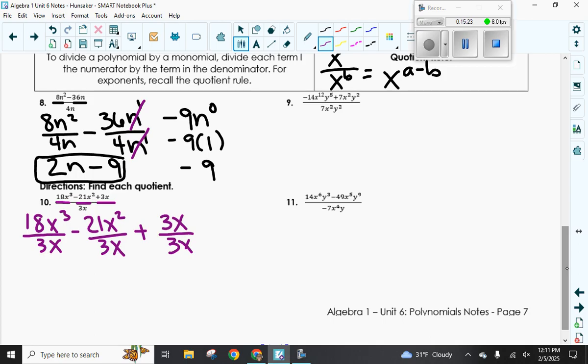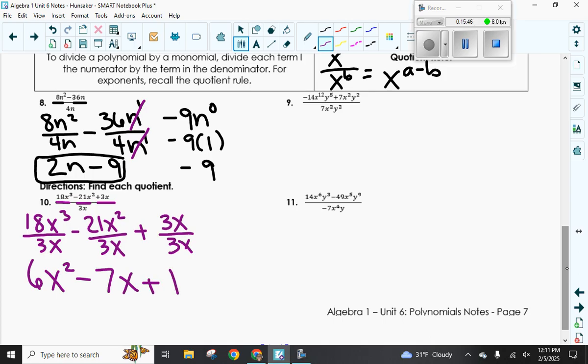18 divided by 3? 6. If I have 3 x's and I divide 1 out, x squared, perfect. Minus 21 divided by 3? 7. I have 2 x's, I divide 1 out, 1x. Plus 3 divided by 3? 1.